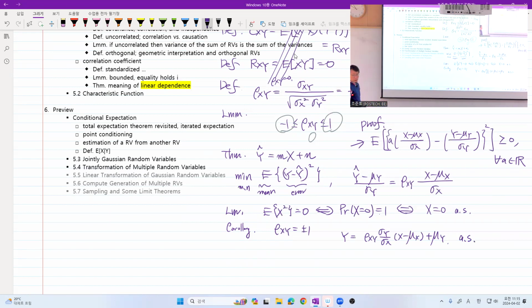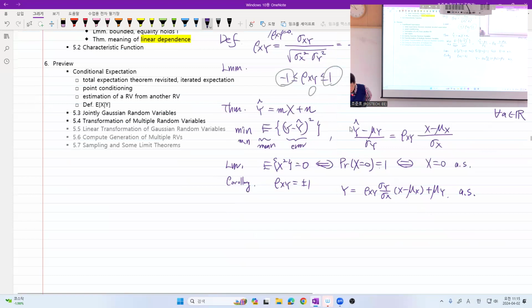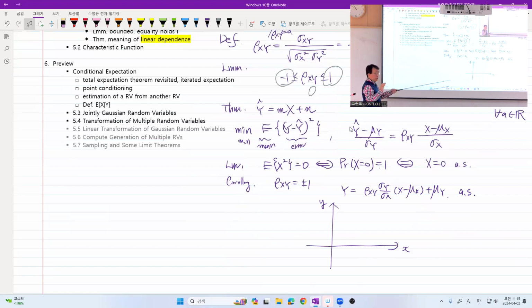What does this mean? The meaning of this equality becomes clearer when you draw a scatter plot. So you generate x and y at the same time. When correlation coefficient is 1 or negative 1, then what kind of scatter plot can you see?